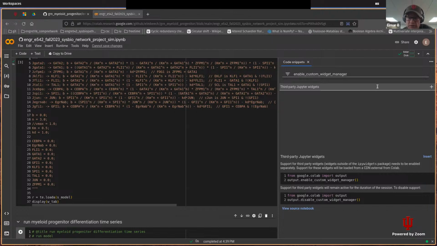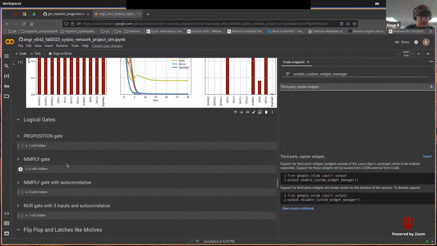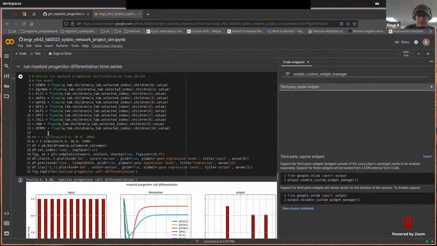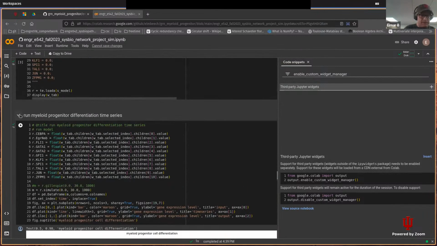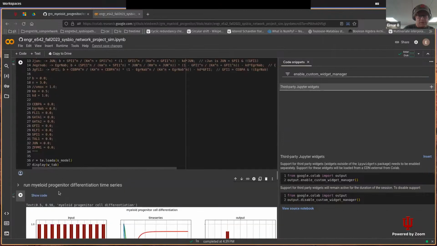Okay, great. So it doesn't show my widgets, which is bad. Give me 1 second, please.